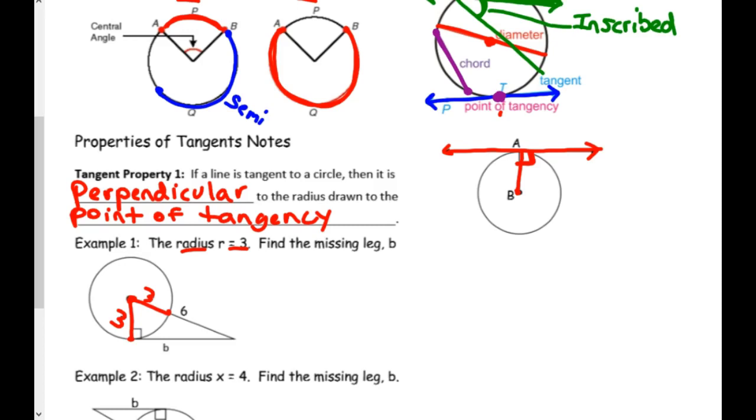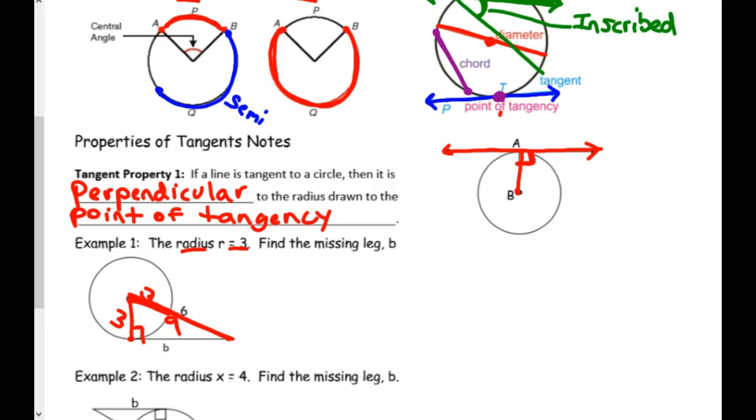Now let's think about it. I got a right triangle because it's a tangent line. What is this whole length right here if I got 3 and 6? Let's add those up. What do we get? 9. So really, since I knew R was 3, I plug it in. I got 3, I got B, and I got 9.